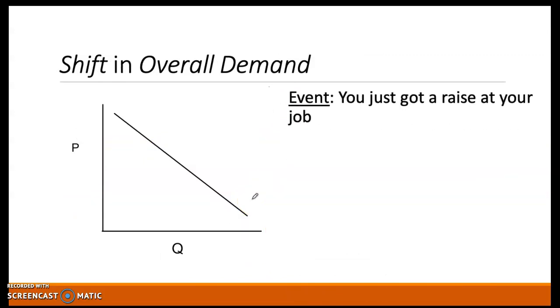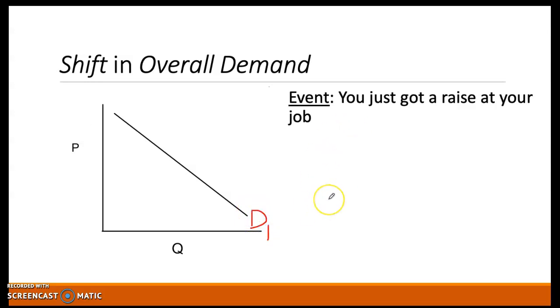And then finally, a shift in overall demand. Let's say this is our event. Keep in mind, those 5 determinants of demand are the only thing that can cause a shift, a movement of the demand curve itself. So let's say you got a raise at your job. Okay, again, remember to always label the first demand curve as D1.